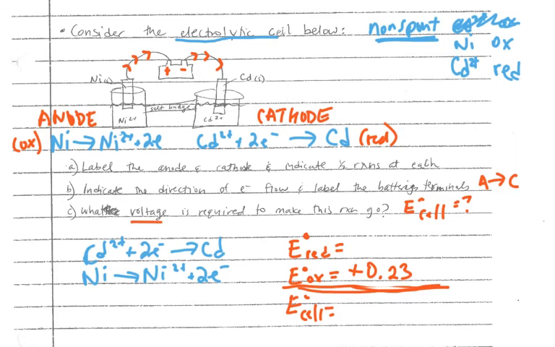And we're going to just take that reduction potential straight off the table. It is negative 0.40. So the cell potential here is going to be negative now, negative 0.17 volts.